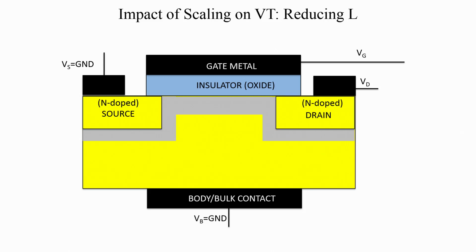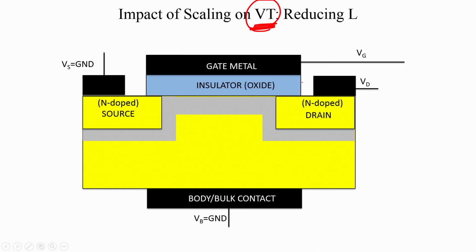So, what is the impact of scaling? The first impact of scaling down has got to do with the threshold voltage. So, we will talk about this first. Is the threshold voltage influenced by scaling of the MOSFET?